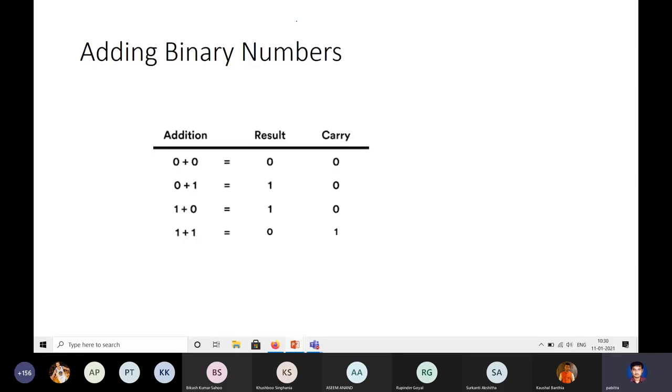Okay, so 0 plus 0 is 0 in binary, in fact, as well as in decimal. So 0 plus 1 is 1 in decimal and also 1 in binary.